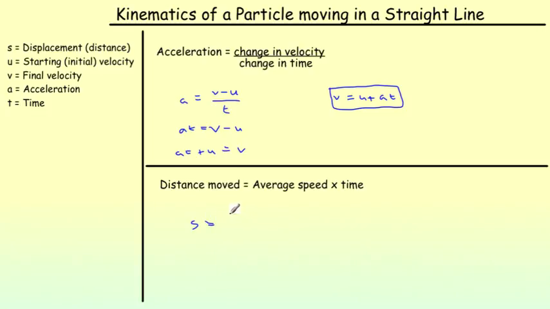Well, the average speed would be the starting velocity and the final velocity added together and divided by 2 to find the average, and then we multiply that by our time. Okay. So that gives us our second SUVAT equation. S is equal to U plus V all over 2 multiplied by T. So there's our two SUVAT equations.